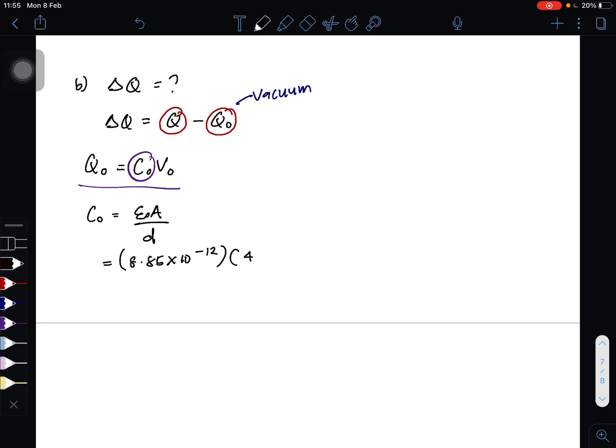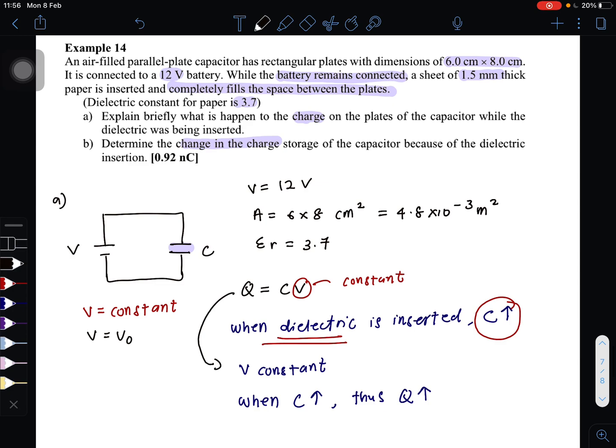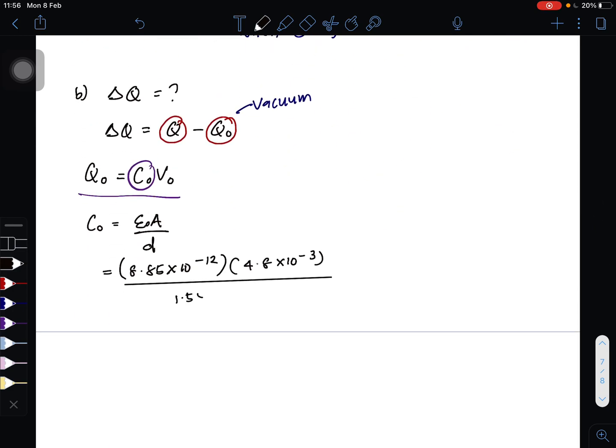So 4.8 times 10 to the negative 3 divided by the distance between the plates, d, which is 1.5 times 10 to the negative 3. So we get C0 equal to 2.83 times 10 to the negative 11 farad.